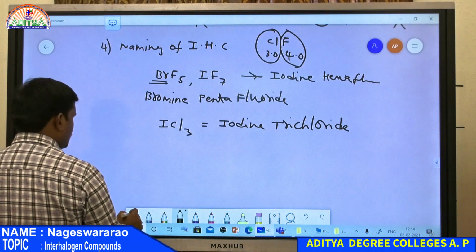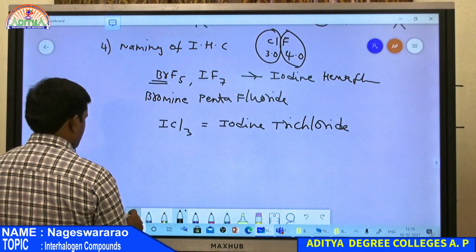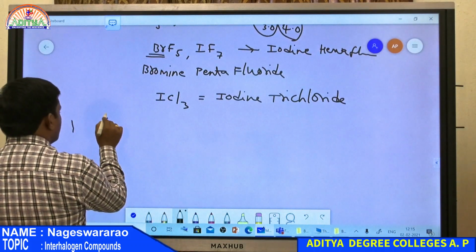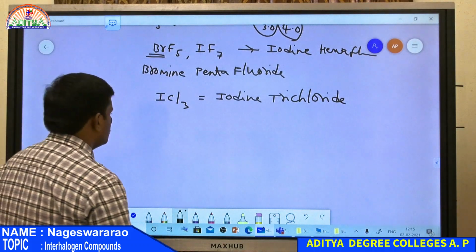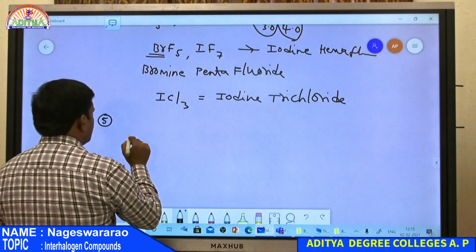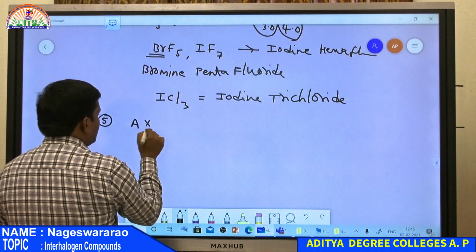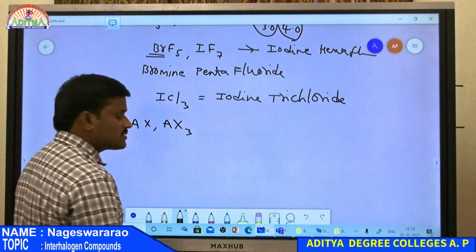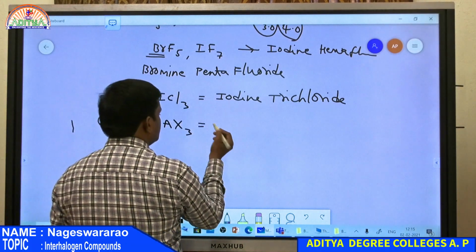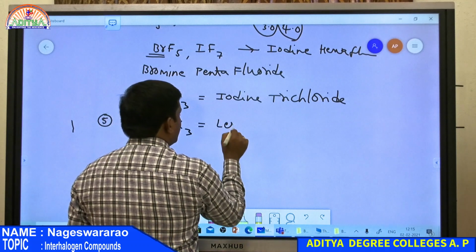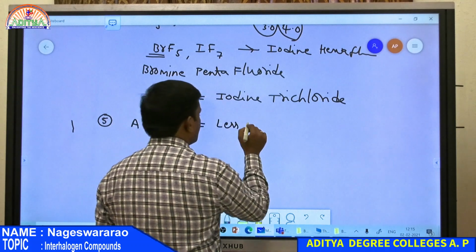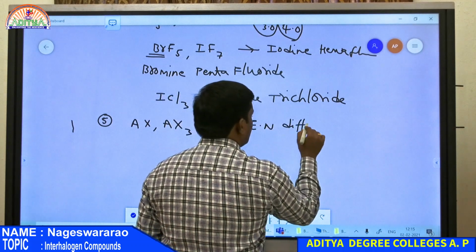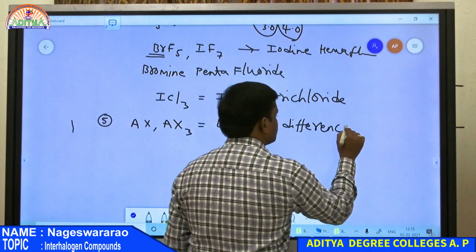And now the fifth property. In the fifth property, AX and AX3 types are both interhalogen compounds. These are always formed from halogens with a small electronegativity difference.